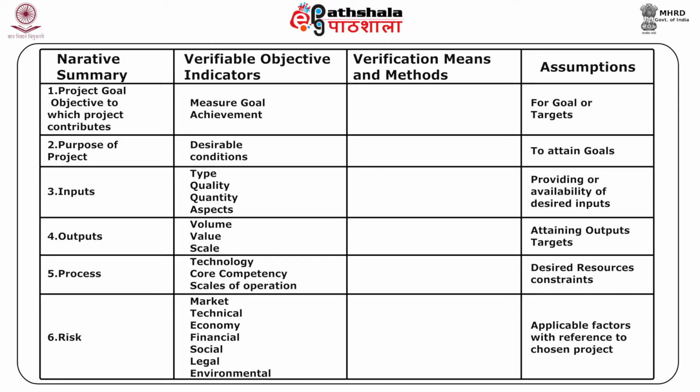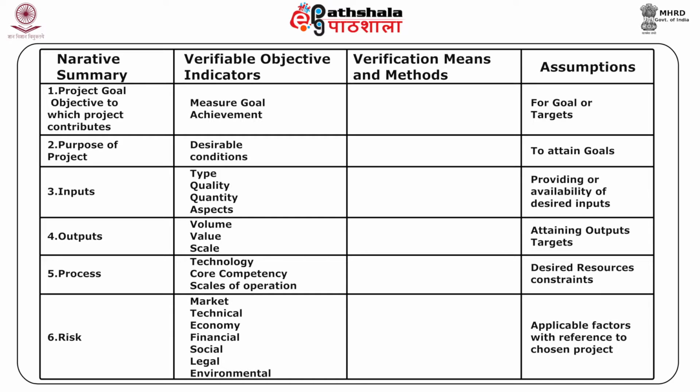In the third column, inputs, type, quality, quantity aspects, nil, providing or availability of desired inputs. Fourth, outputs, that is volume, value and scale of output, nil, attaining output targets.